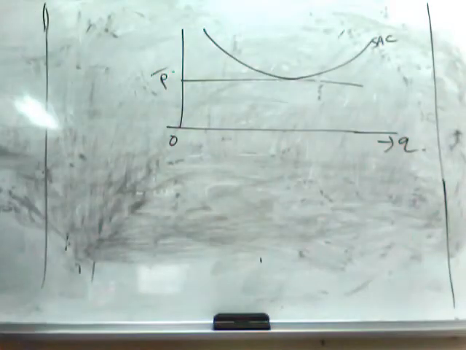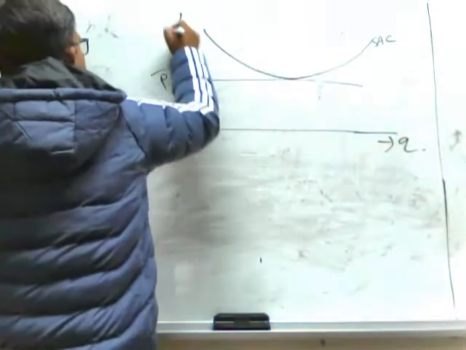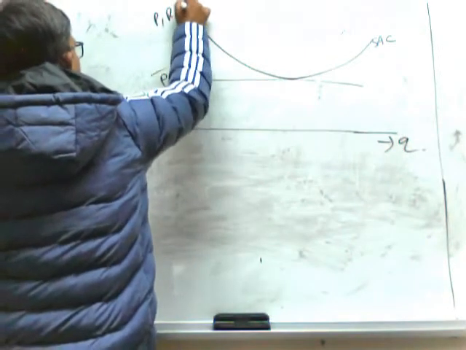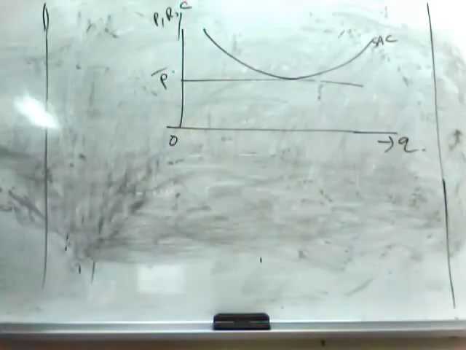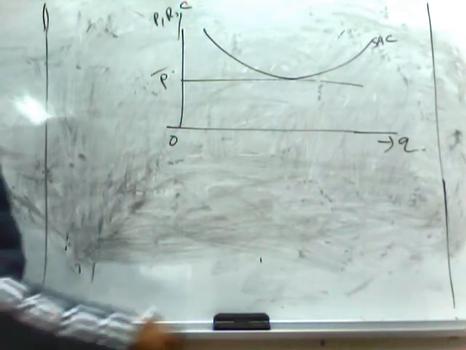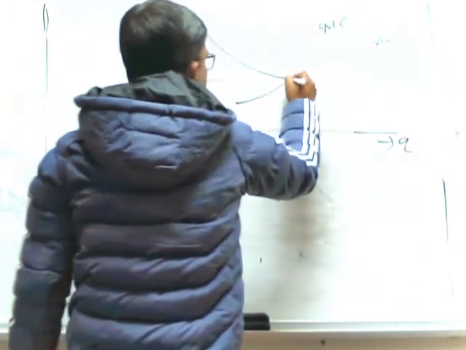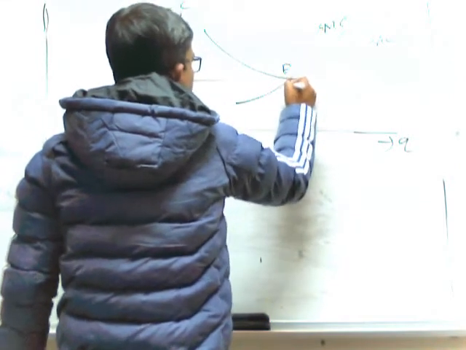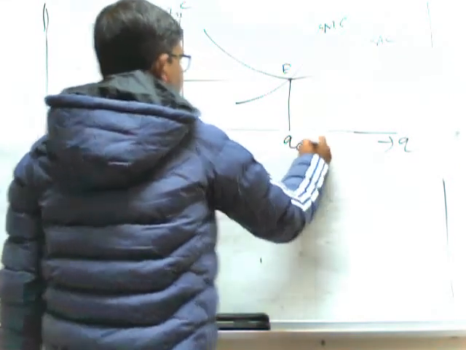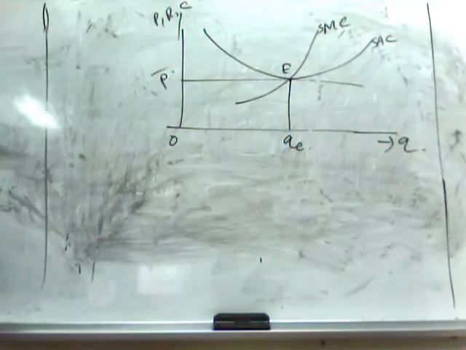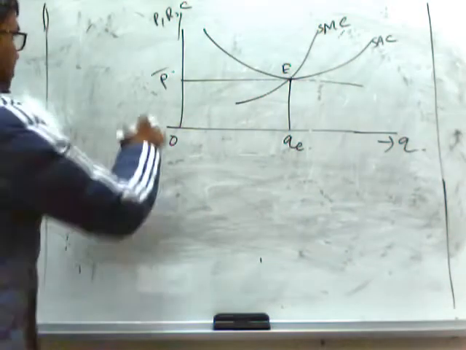In the horizontal axis, again we are measuring quantity of output. In the vertical axis, we measure price, revenue, and cost. So this is my marginal cost curve. The equilibrium point will be E and the equilibrium level of output will be OQE. In this part, I am giving it the name P1.